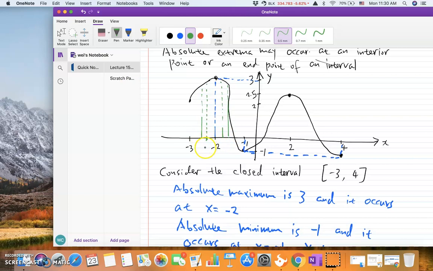For example, -2.5 or -1.8 or -1.6. And the second local maximum is at x equals 2, because the function value is higher than the function value of the x nearby 2, right?